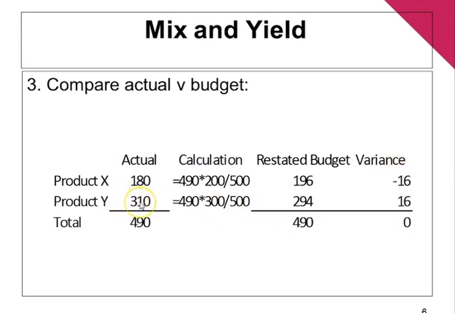Looking at the other way around, 310 actual, we've sold more than budget. We've sold 16 units more because our restated budget was 294 units. So all you're doing is restating your budget at actual volumes, so you shouldn't create an overall variance. That should be your check when you're doing a mix calculation.